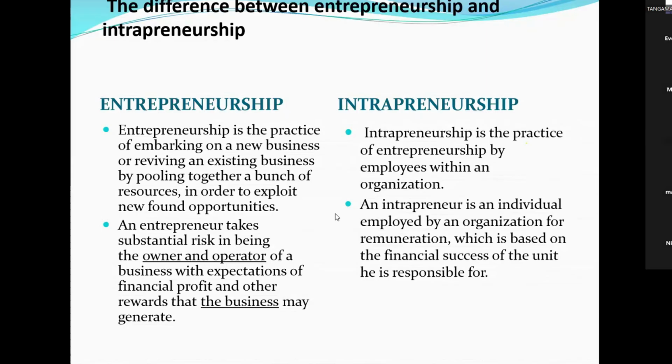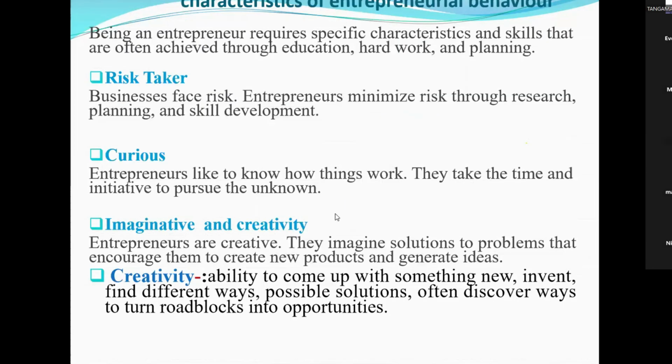There are many characteristics of entrepreneur behaviors: must take risks, curious, imaginative, and creative. For risk taking, as you know, the business faces many risks. Entrepreneurs minimize risks through research, planning, and skill development.